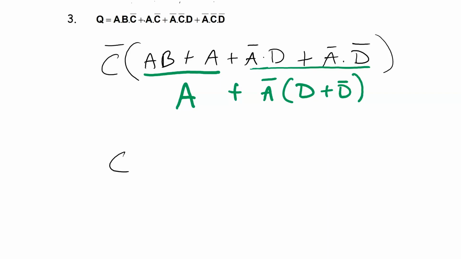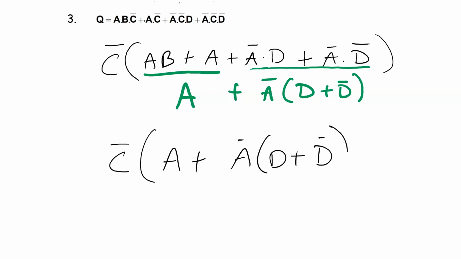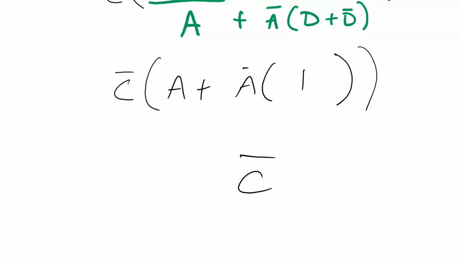We're left with A or, and then not A and D or not D. D or not D is 1. And that leaves A or not A, which is also 1. So the whole shebang is just not C.